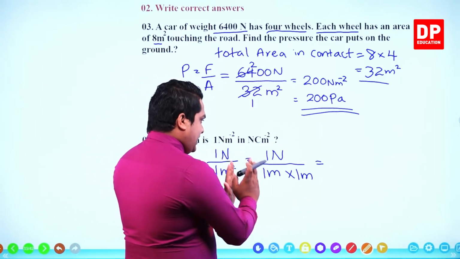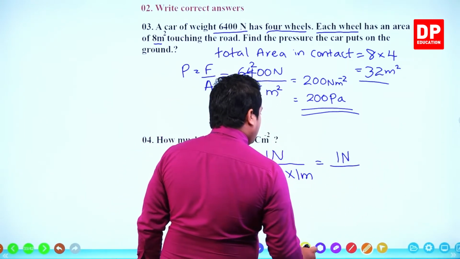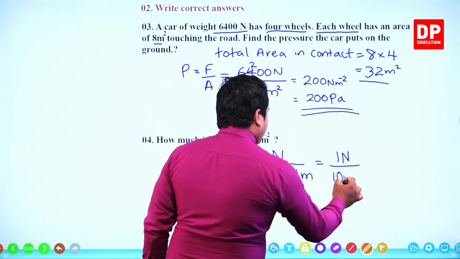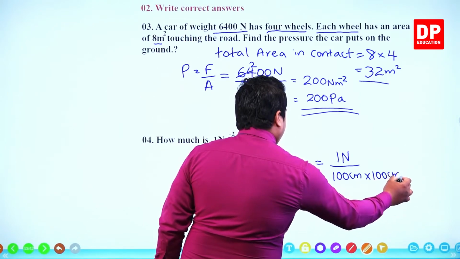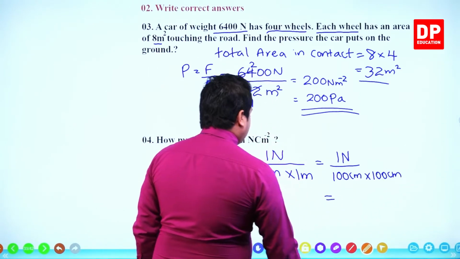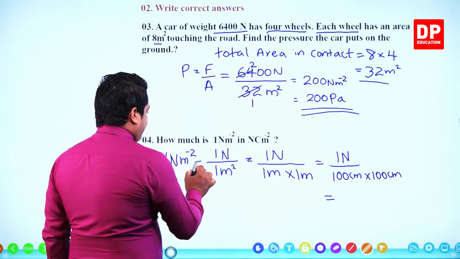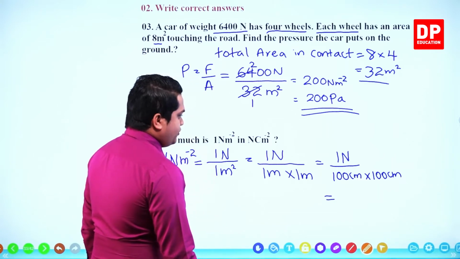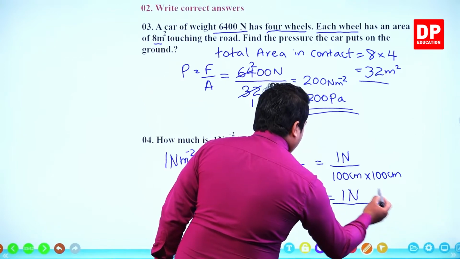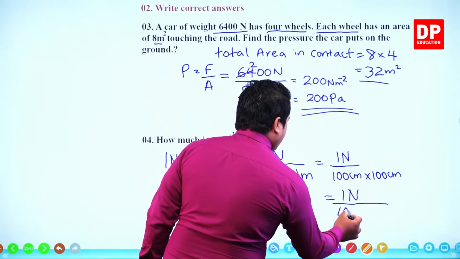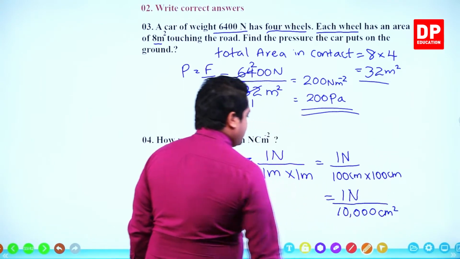Now convert meters into centimeters. How many centimeters are there in a meter? 100. Then 100 centimeters into 100 centimeters. Then you can get the answer as 1 Newton over 100 times 100, which is equal to 10,000 square centimeters.